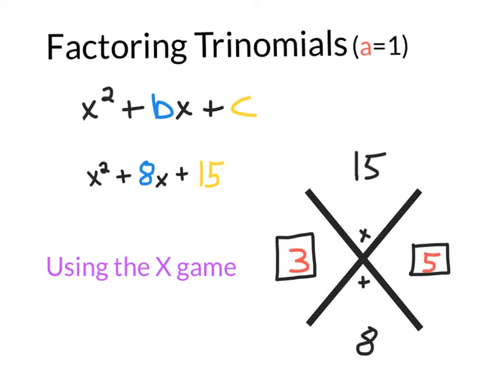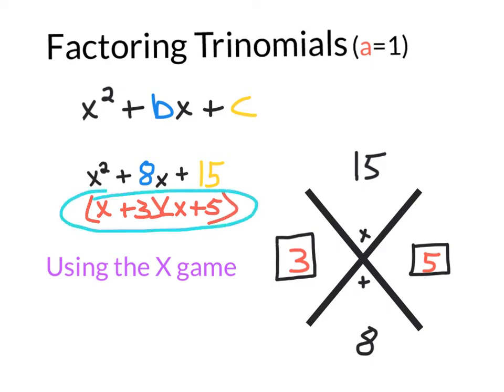Well, when we go back here and we factor this trinomial, then we simply write x plus 3 times the other factor, x plus 5. All right? And then that becomes your answer.